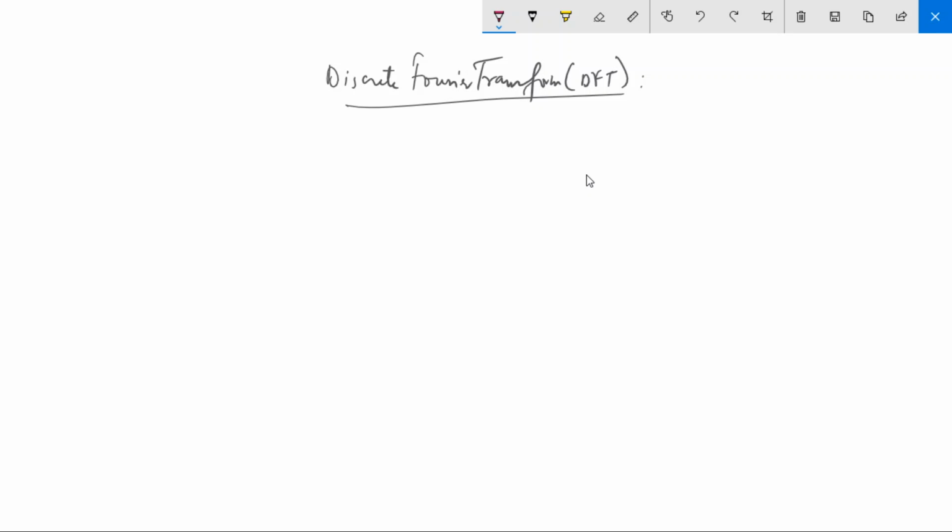Okay, in the previous class we have discussed the sampling of the discrete time Fourier transform. What we have discussed there is that we have taken the Fourier transform of a sequence x(n) and then we have sampled it.